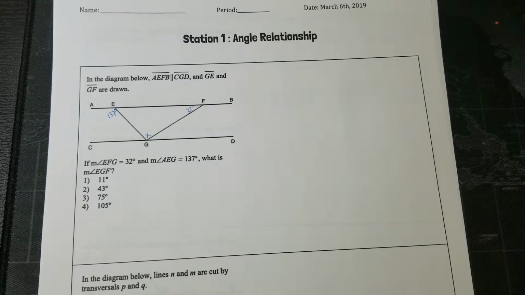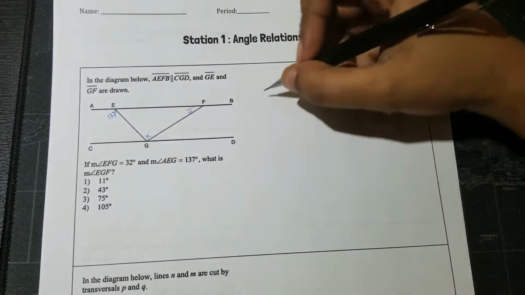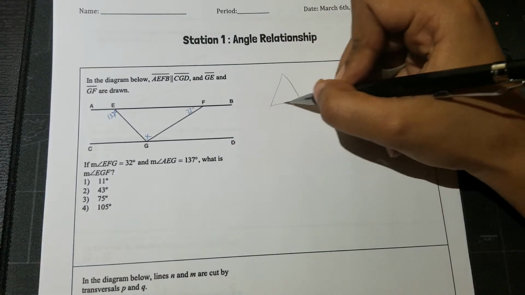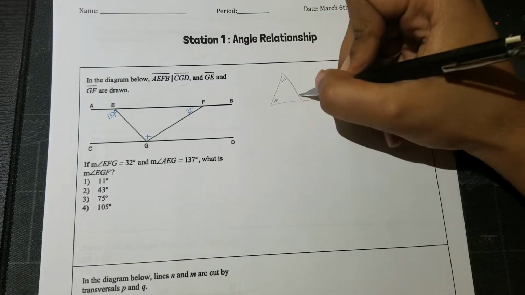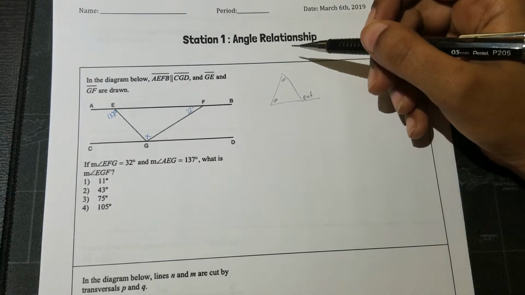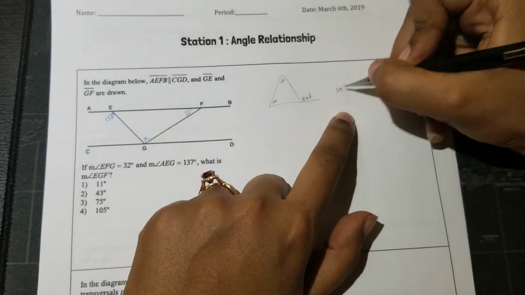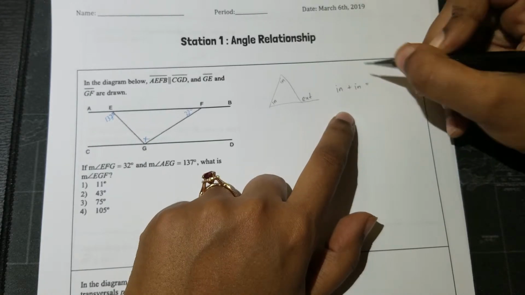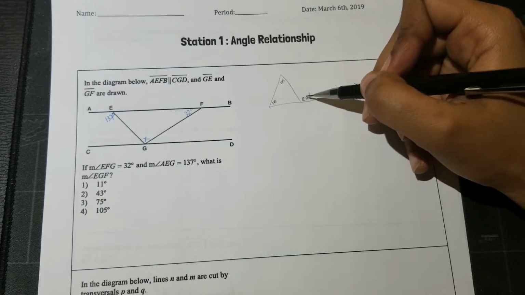Now, there are several ways of approaching this. I'm going to try and go through at least two of the ways. The first way, which one of my students used, is by remembering that if you have a triangle with two interior angles and a non-adjacent exterior angle, and non-adjacent means the interior angles don't touch this exterior angle, then the sum of the two non-adjacent interior angles is equal to that exterior angle.